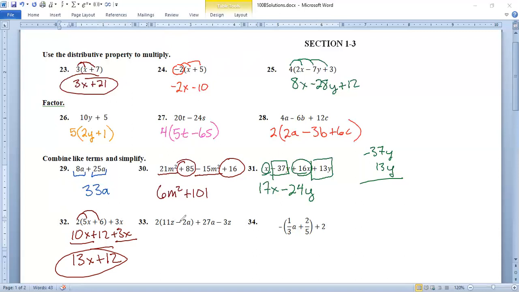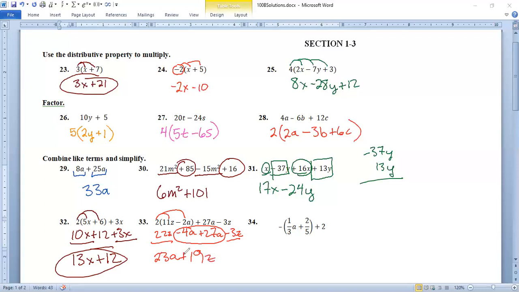All right, now we have number 33. Okay, yeah, so again, distributive property, let's get rid of the parentheses. We get 22z minus 4a plus 27a minus 3z. Those are the two a's we can put together. 27 minus 4 is 23a, and then the z's, 22 minus 3 plus 19z.